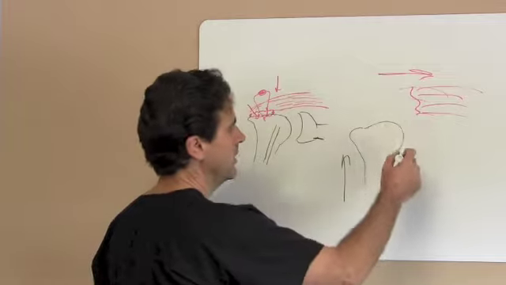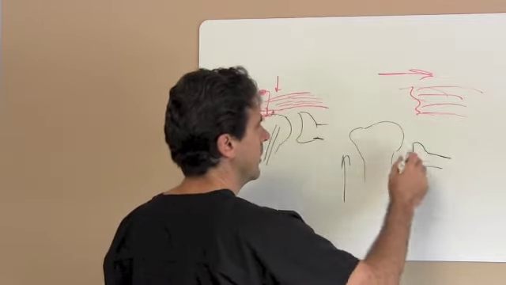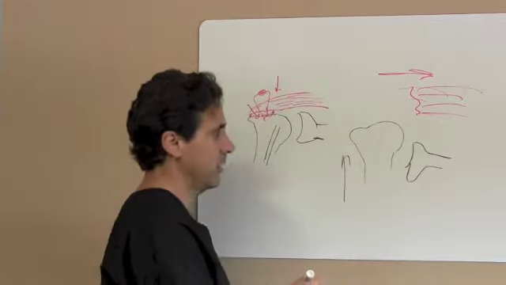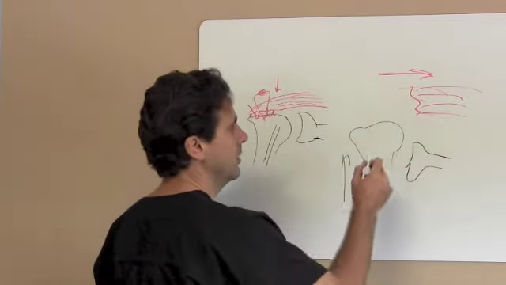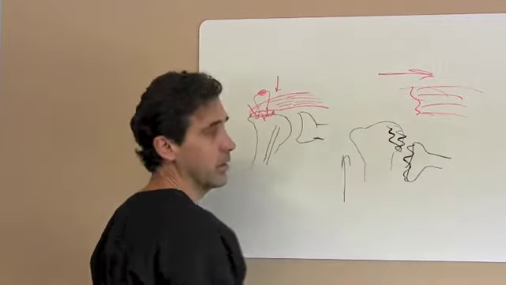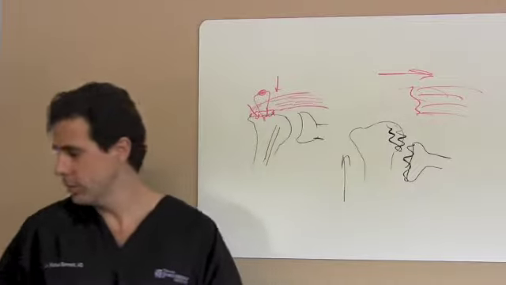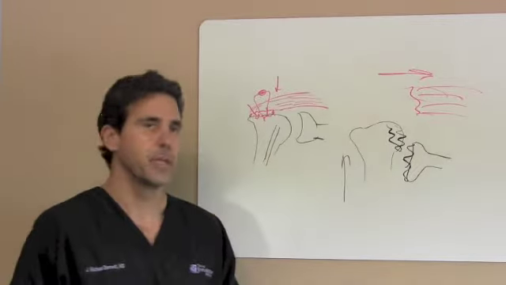The humeral head migrates up, this is still down here, but it's no longer in alignment with the humeral head, so you develop severe arthritis. And it's actually called rotator cuff arthropathy.